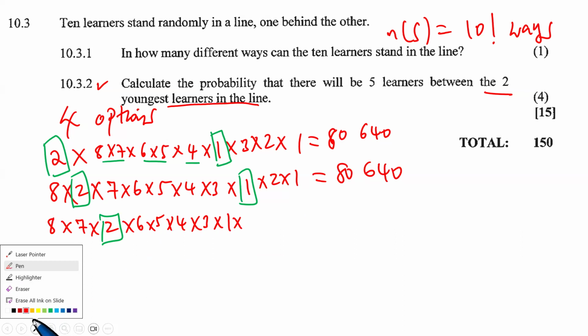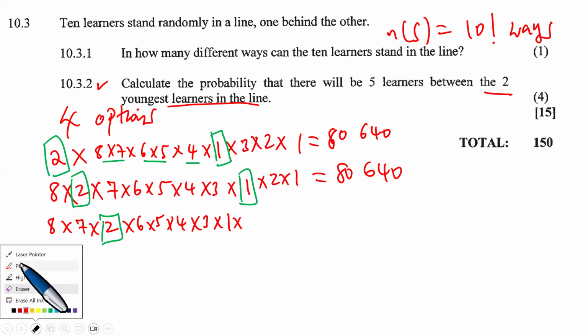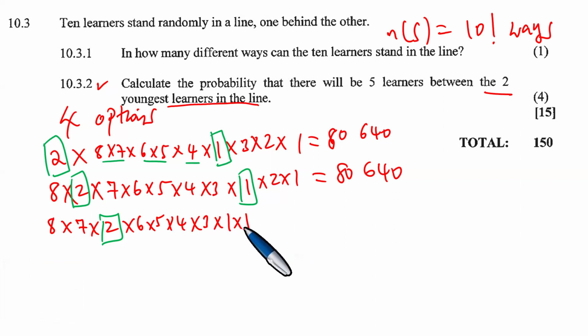Then we're going to put learner 1 here. In the end, this is 8640.